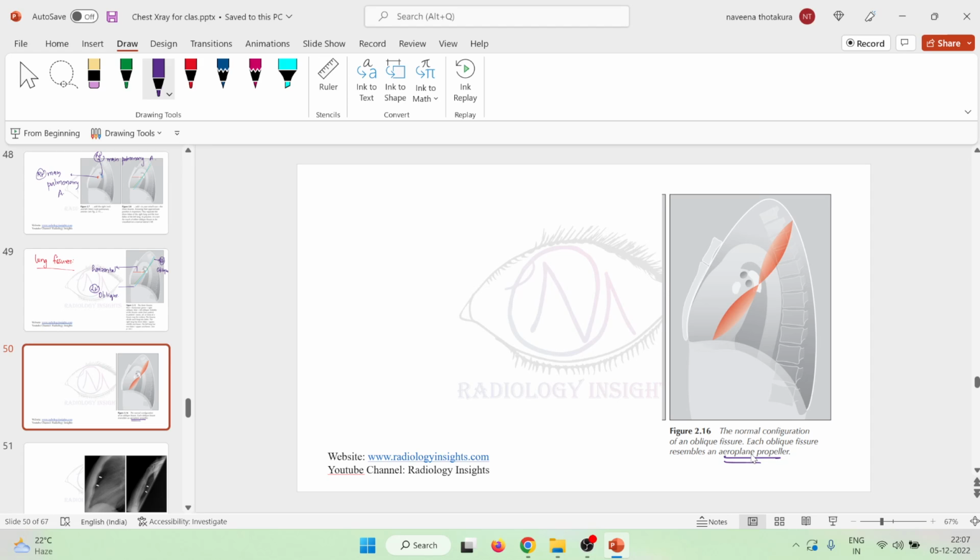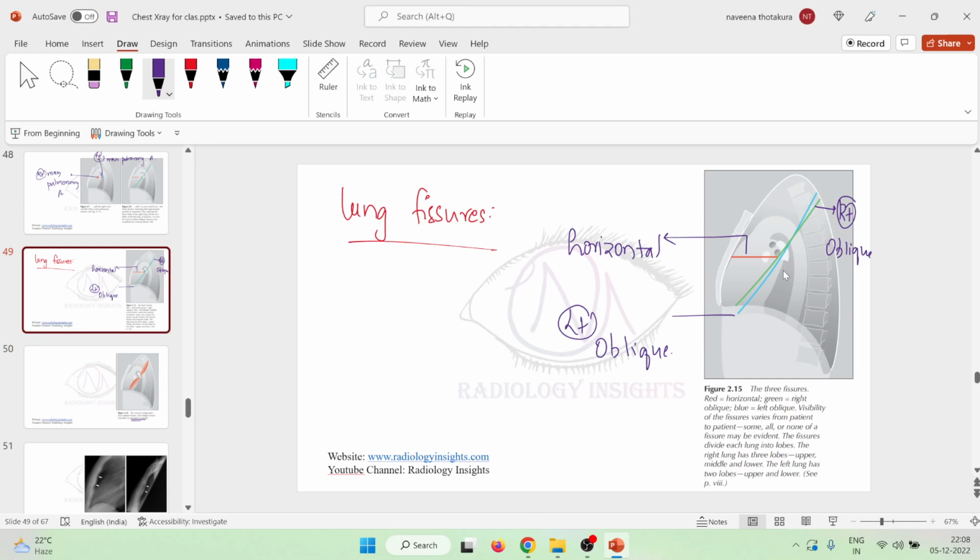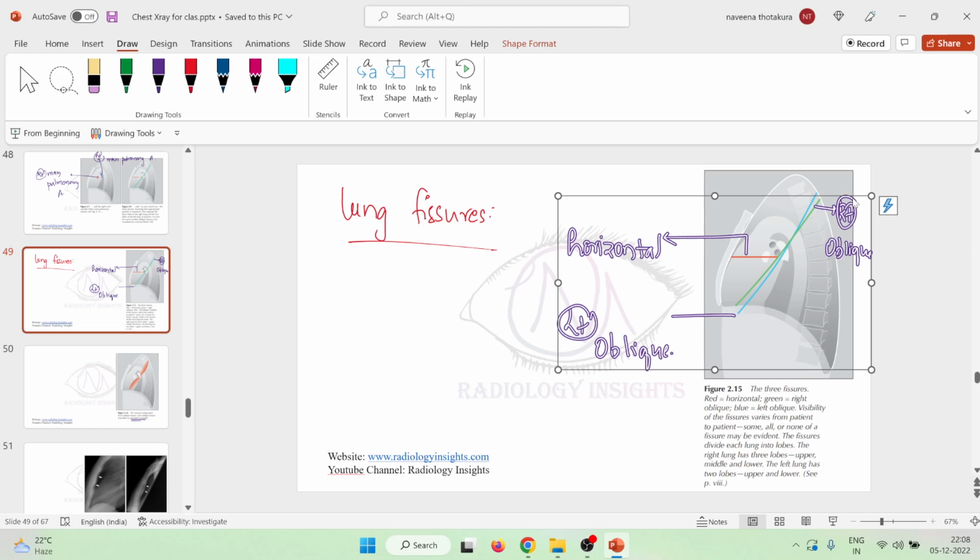One thing is, if you see here, this is the right oblique fissure.